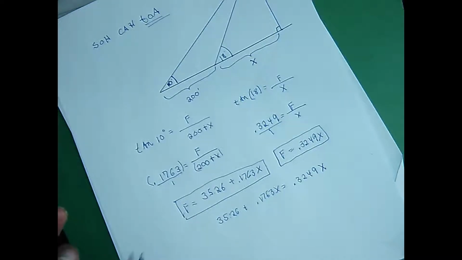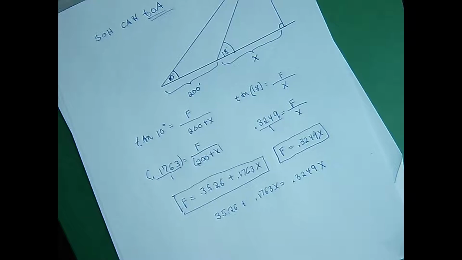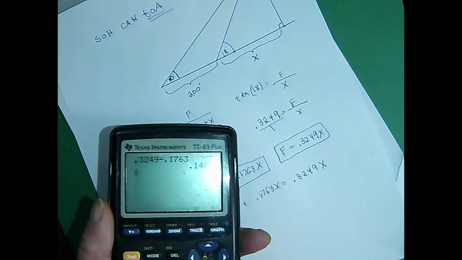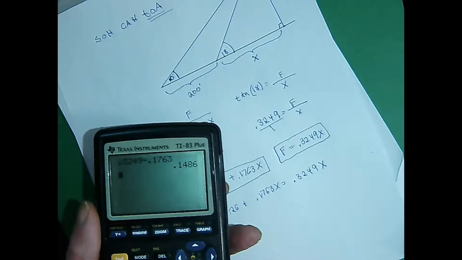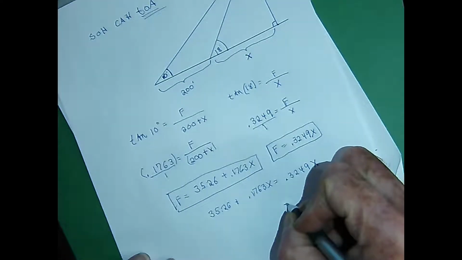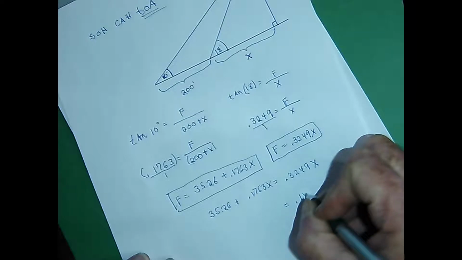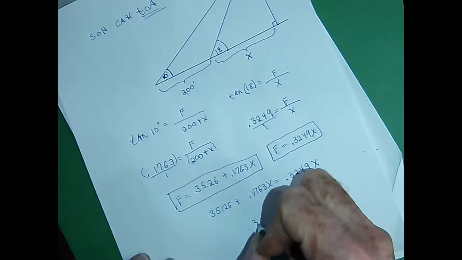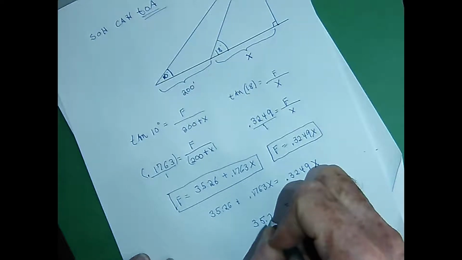I'll do that with a calculator. 0.3249 minus 0.1763 gives me 0.1486. 0.1486x equals, what's left over here, 35.26.